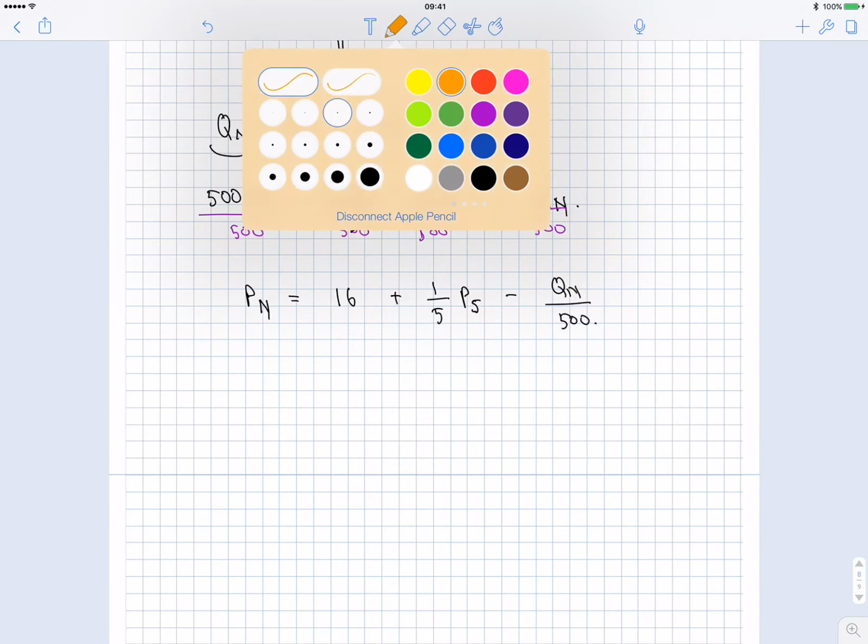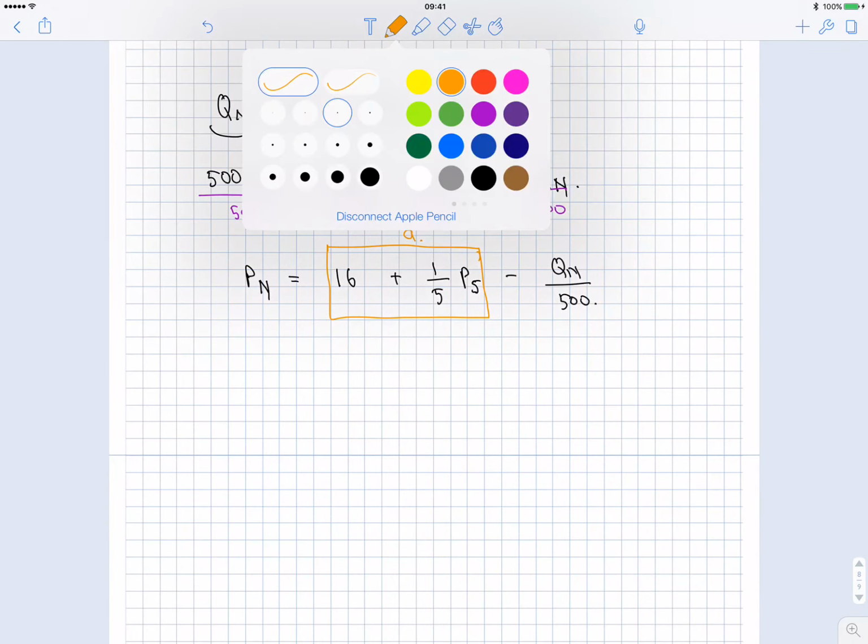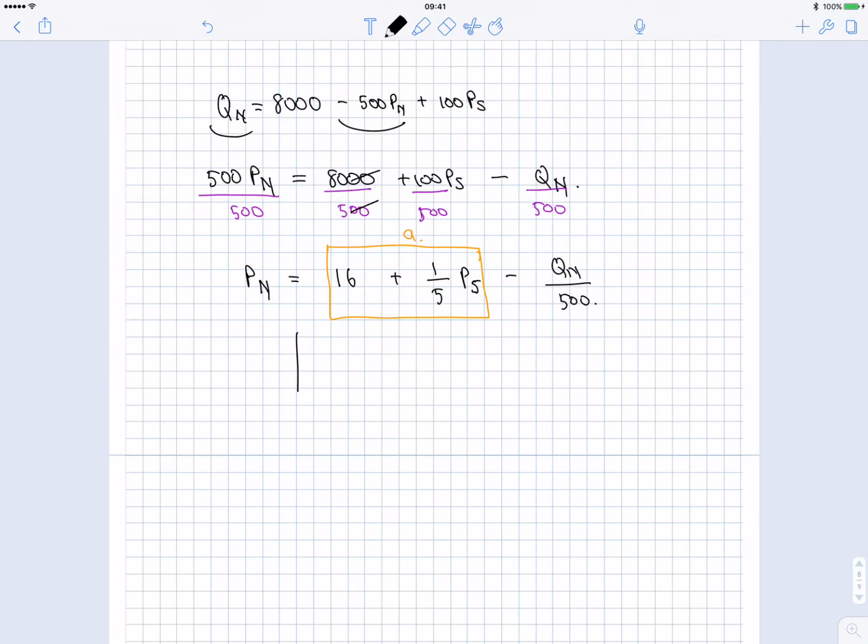Now, if I study this, PS should be treated as a constant. I don't know what it is, but it's a constant, which means all of this here is going to be representing my A. This is going to be representing that choke price, if you like. So if I were to draw the demand function for the north side, or the residual demand function for the north side, it would look like this.